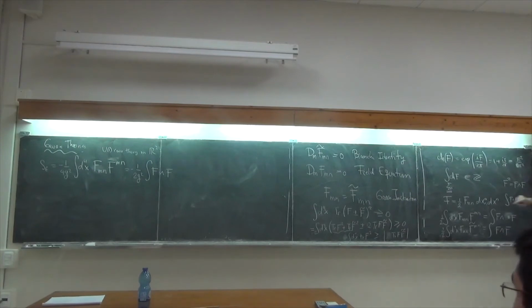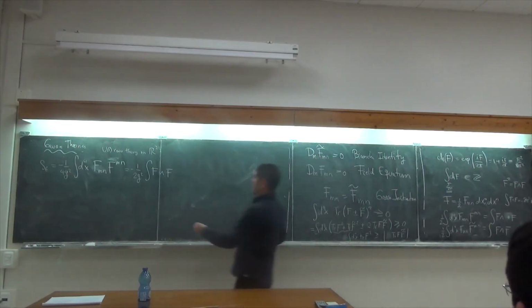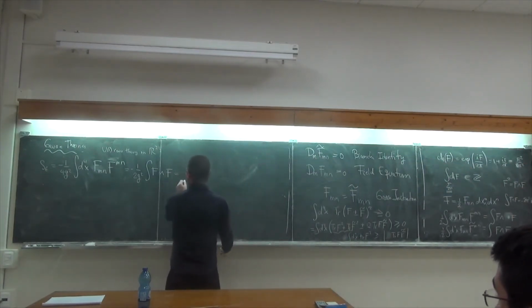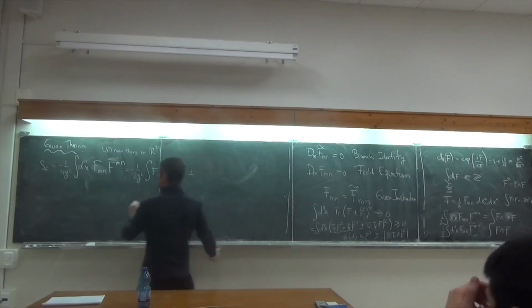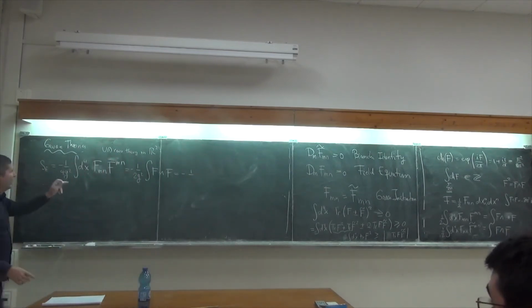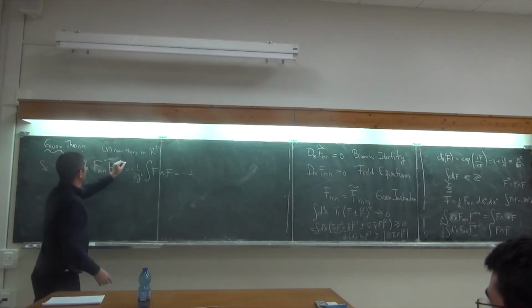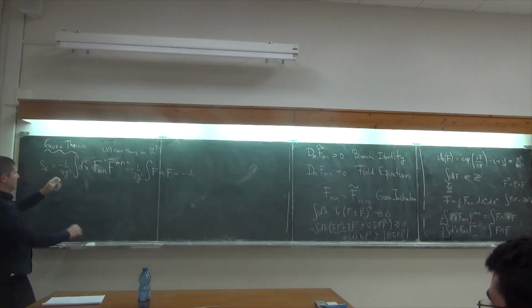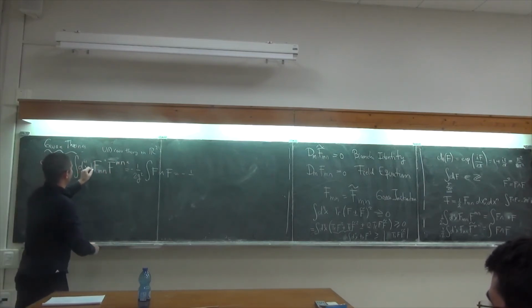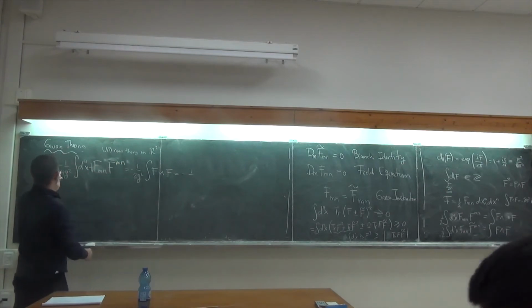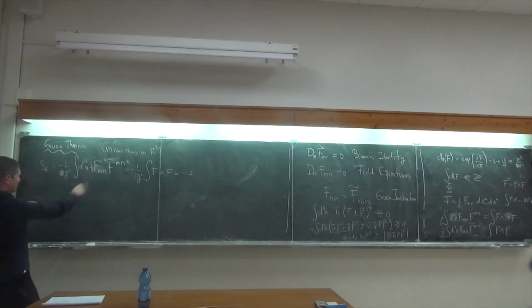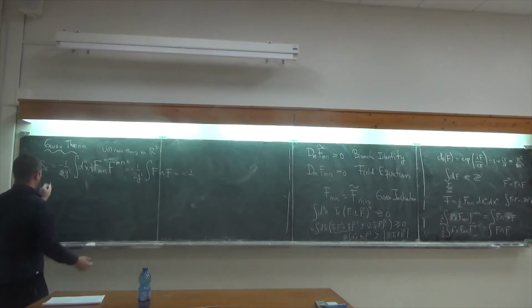Okay? So we come here and we say that this is minus, sorry, okay. This was like that. It's better to write with a trace. I write the factor of 2. I'm using these conventions. This is a matter of convention.